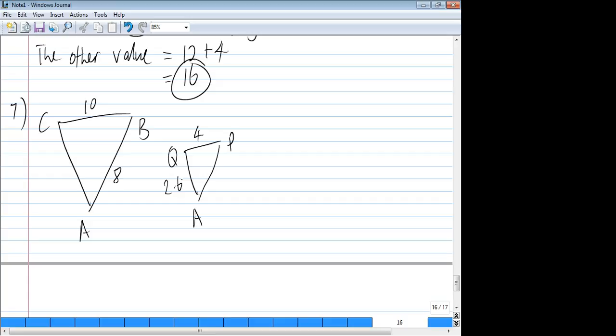Looking at your diagram in your paper, BP is made up of two sections. What are they? BA plus AP. Do we have BA already? Yes, right? So this is equal to 8 plus AP. Do we have AP?